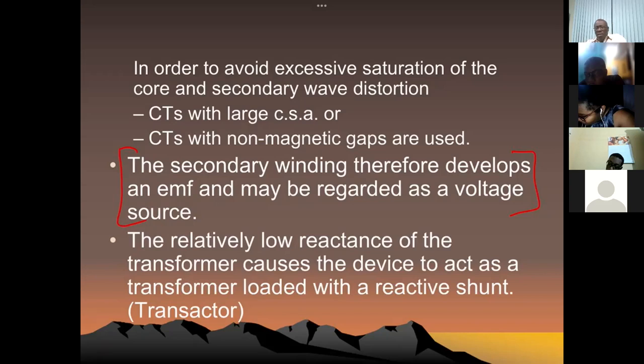And so we refer to these special CTs as transactors.